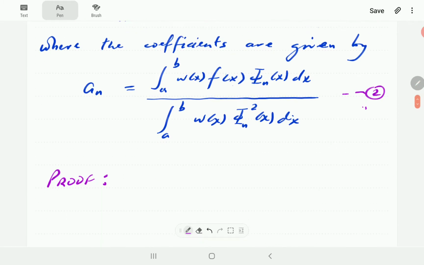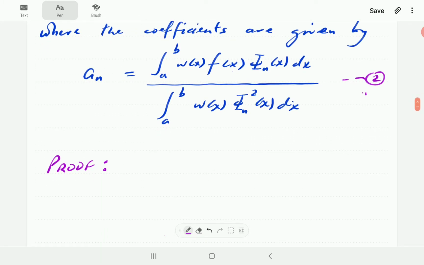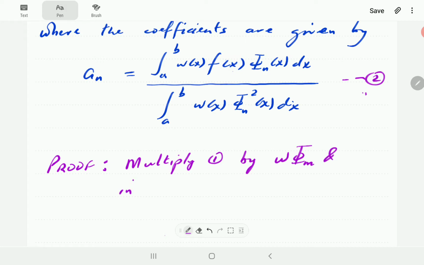from equation number 1. And the way this works is we multiply 1 by w times phi m, and then we integrate over the interval ab.